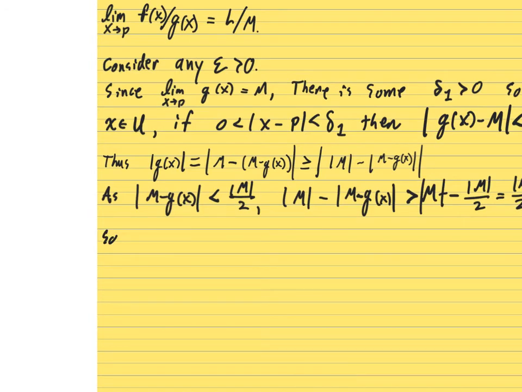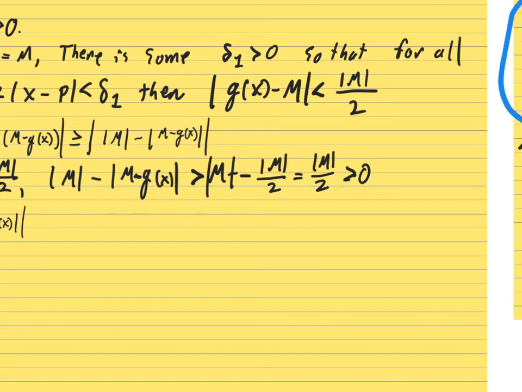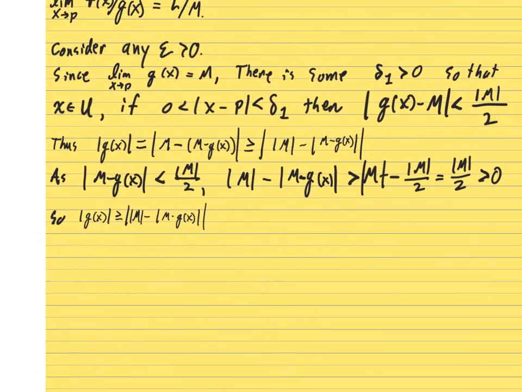So the absolute value of g of x is greater than or equal to the absolute value of m minus the absolute value of m minus g of x. That is positive, so I can erase those absolute value bars.